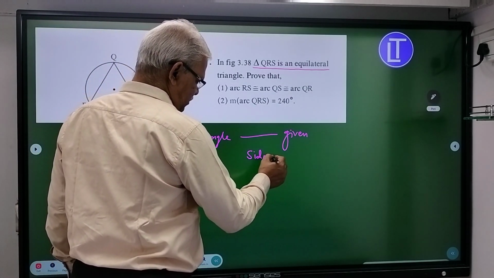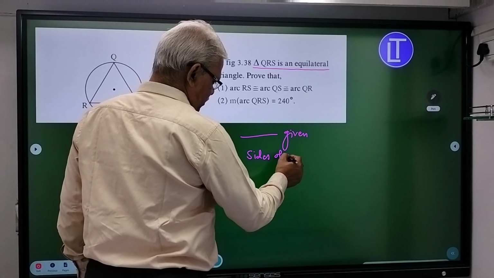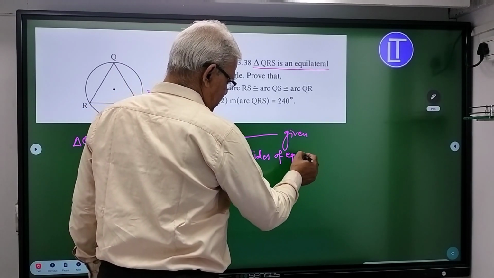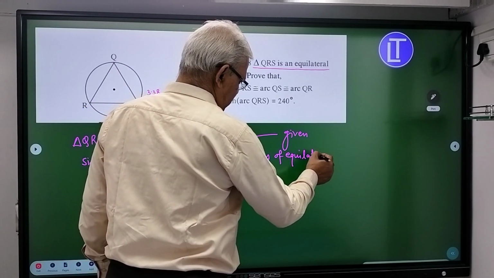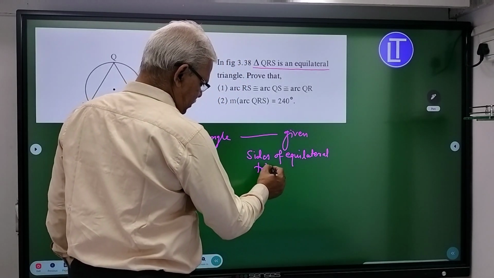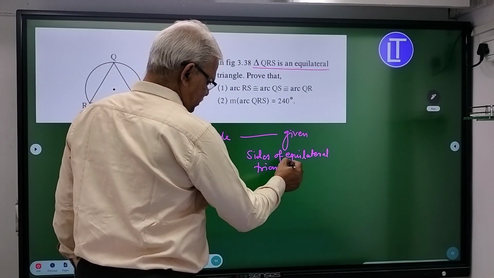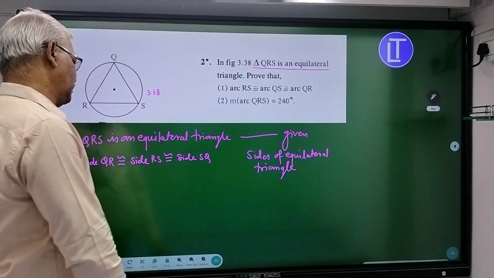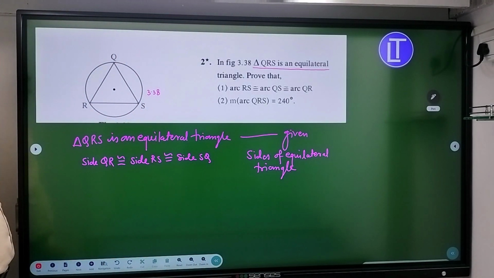Sides of an equilateral triangle are congruent. Okay?